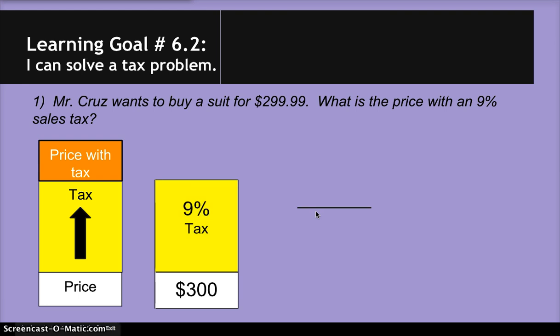We have a 9% tax. So, the first step we do is we multiply our money, which is 300, times our percent, which is 9%. So we have 300 times 0.09. Go ahead and pause and solve this multiplication problem.